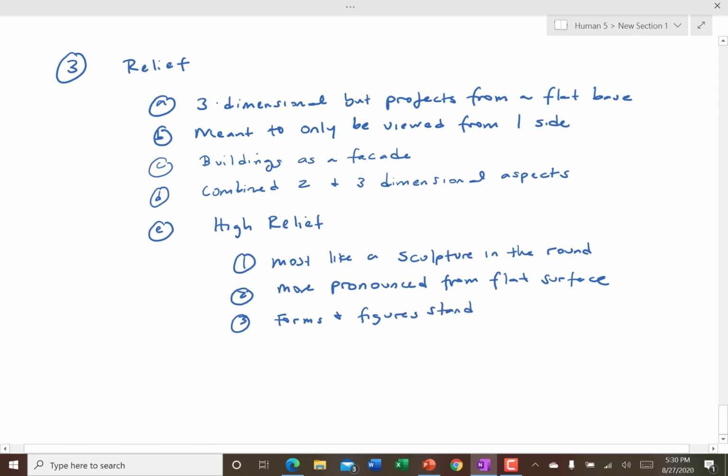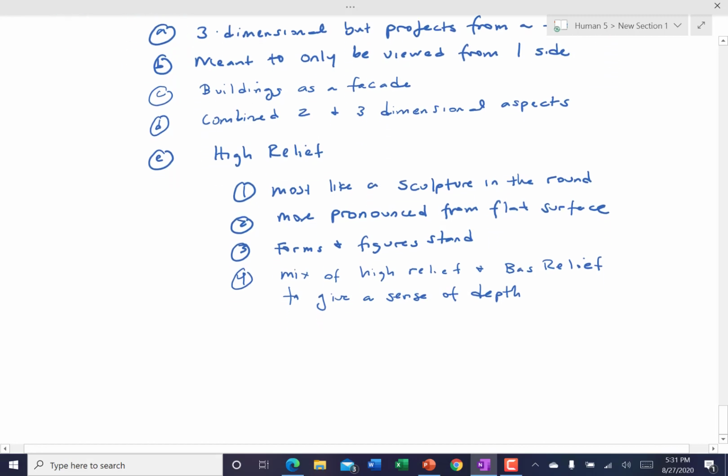You can also play with a mix of high relief and what's called bas relief, which is the low relief, to give a sense of depth. And we'll look at that in just a second. I figure I might as well finish this so we can talk about both of them.